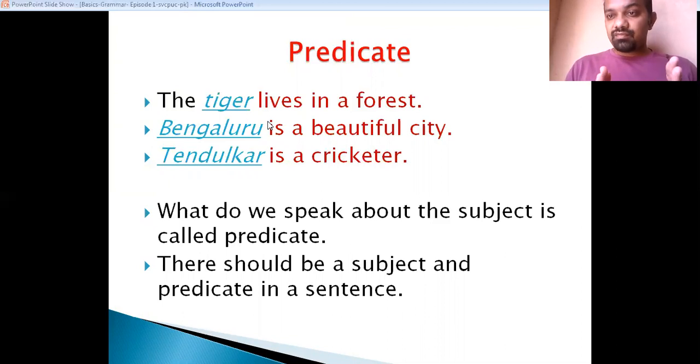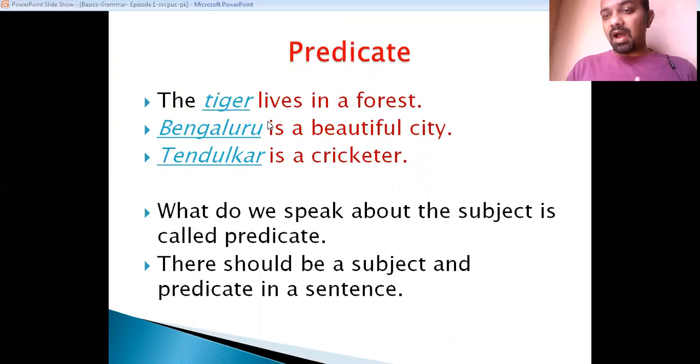I have changed the color to really make it clear to you. Lives in a forest, is a beautiful city, is a cricketer. We call this part of the sentences predicate. So what comes after the subject in a sentence is called predicate.